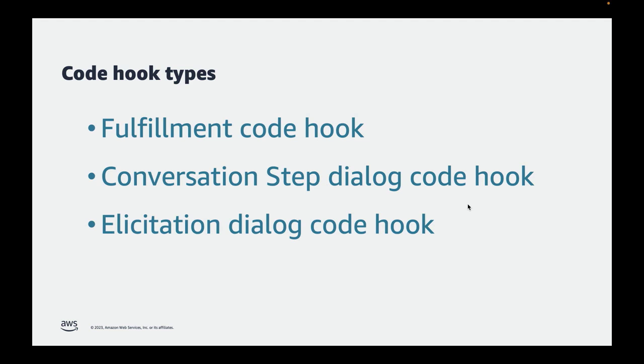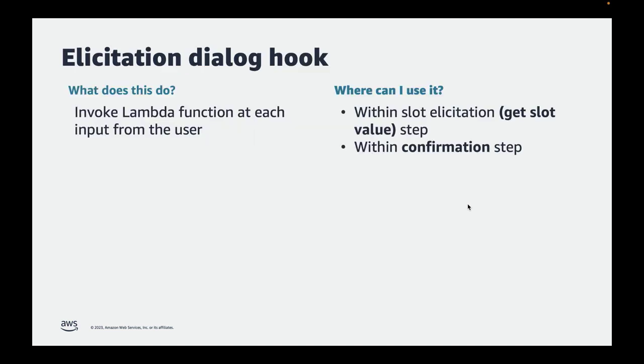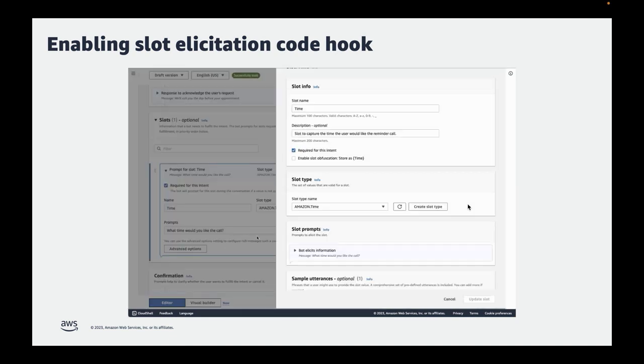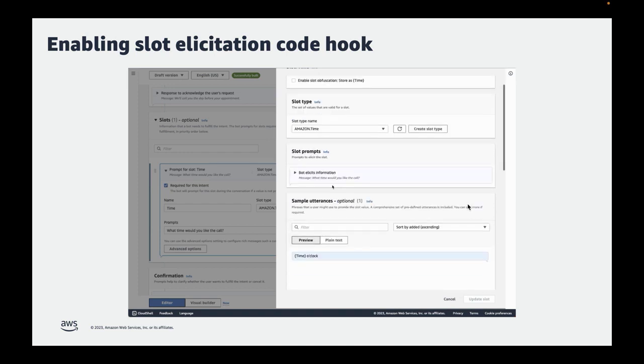Our final type of code hook out to our Lambda is an elicitation code hook. And this invokes a Lambda for each thing the user says. And it can be used either within the slot step or within the confirmation step. And here's how you would turn it on at the slot step. So remember, we went into the same place and we turned on the dialog code hook.